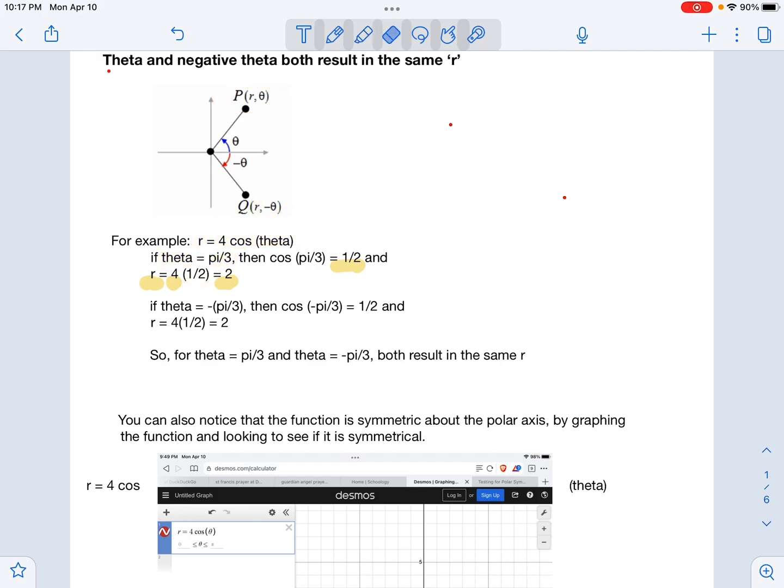If theta is negative pi over 3, cosine of negative pi over 3 is still 1/2, so 4 times 1/2 is 2. In both cases, theta positive or negative, we get the same r.